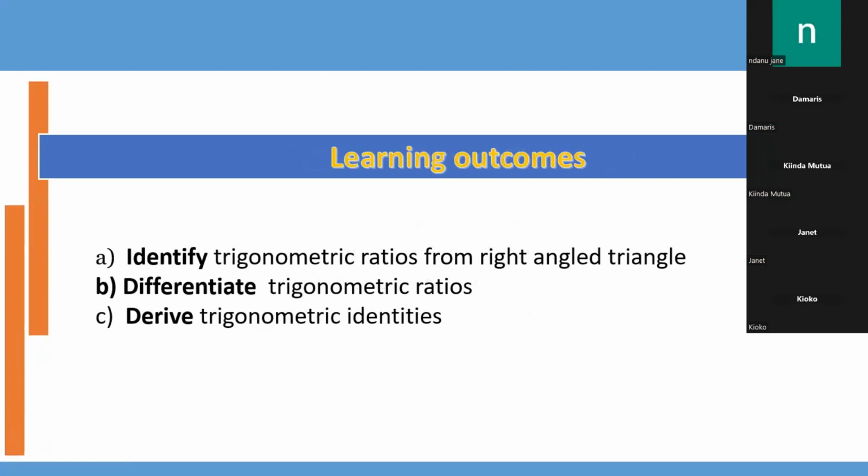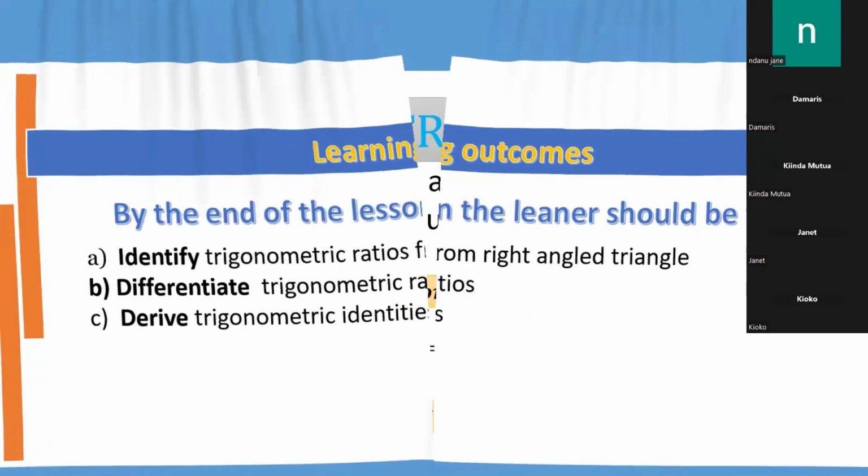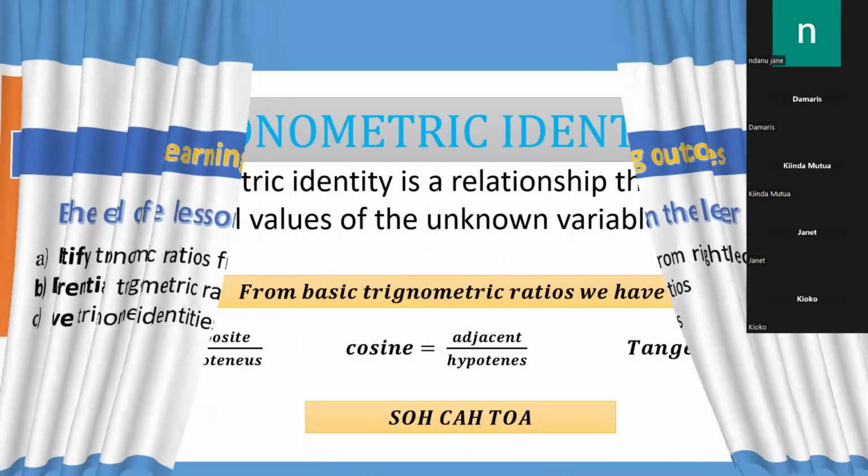By the end of the lesson, you're expected to, one, identify some trigonometric ratios from a right-angled triangle, two, differentiate trigonometric ratios, and three, derive trigonometric identities. Let's jump right into trigonometric identities.